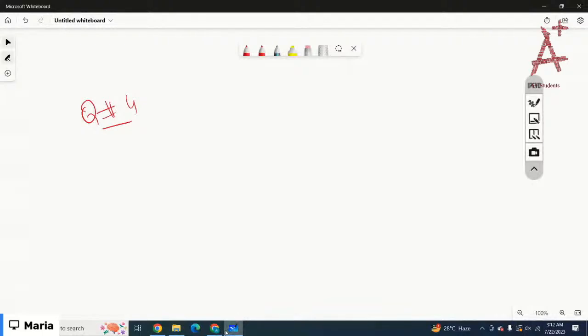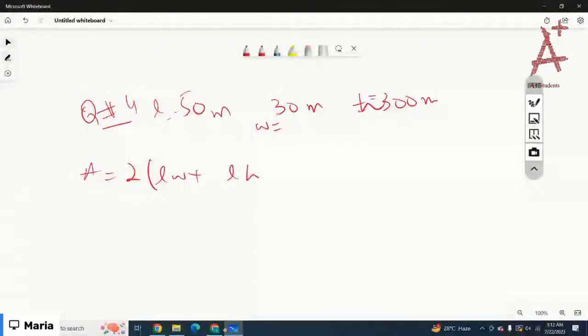50, 30 and 300 meter. That is length, width and height. So let's just calculate the area, that is 2 times length width, length height and width height. So let's just calculate the values.